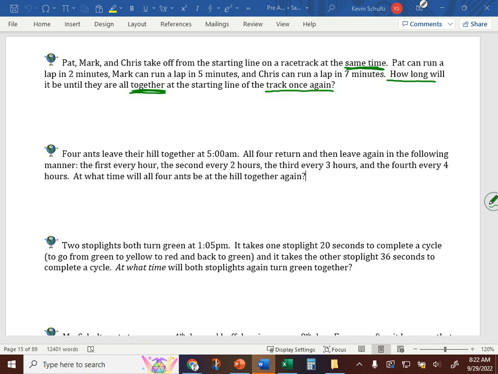Pat can run a lap in 2 minutes, Mark can run a lap in 5, and Chris can run a lap in 7. So we're looking for the least common multiple of 2, 5, and 7. Okay? You can use the table, you can use the listing. Take a minute to do that now. Let me know what you come up with.